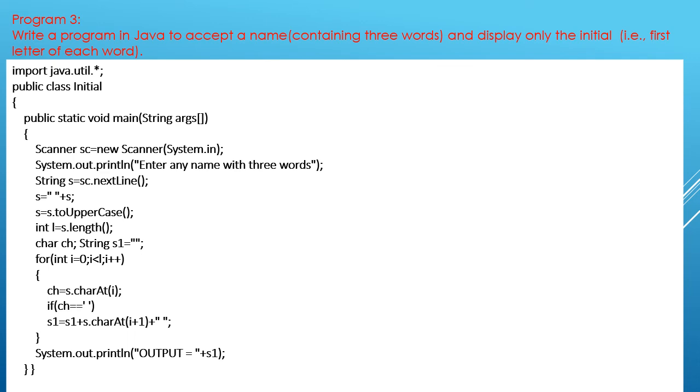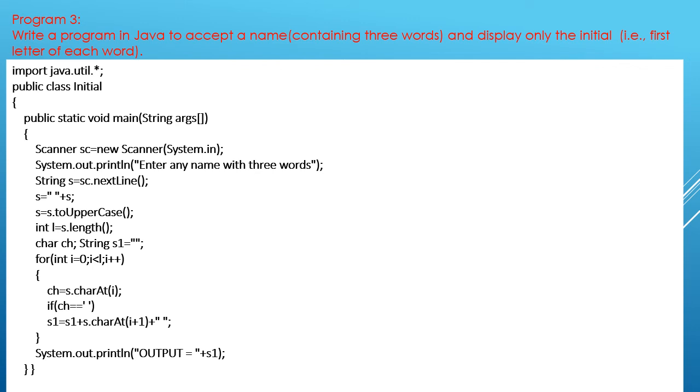Declare the variable ch as character and s1 as string. Put in a loop by using for int i = 0, i < l, i++. Then ch = s.charAt(i) to find out the individual character from the name.